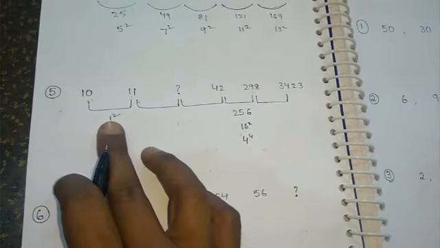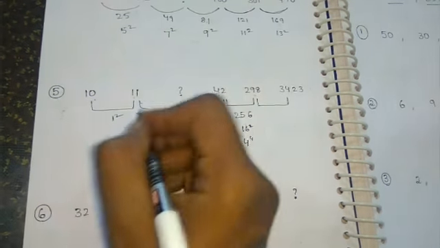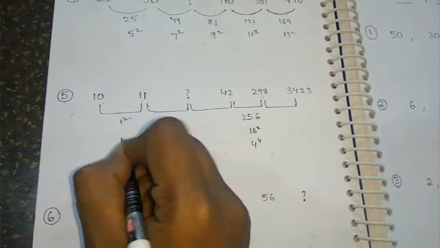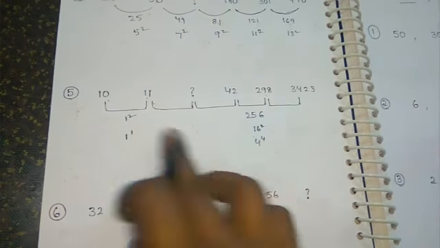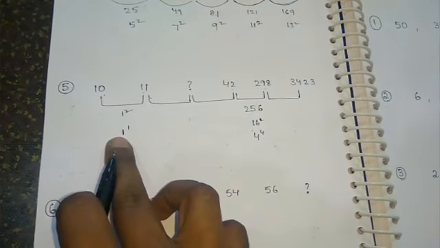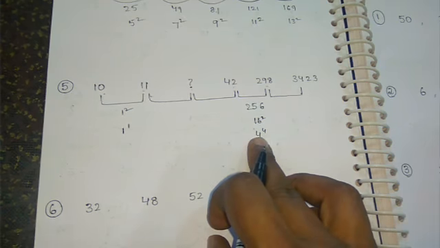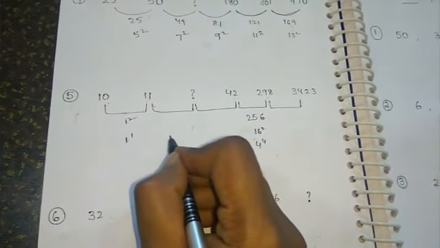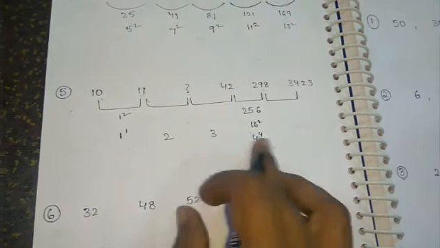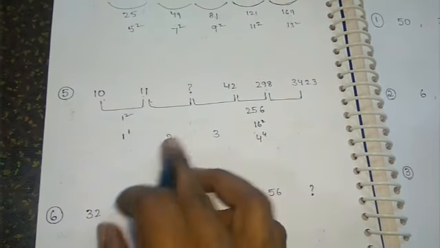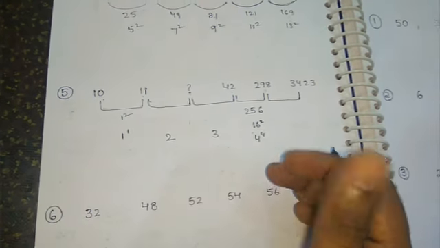Now see here, 1 square. We can treat this as 1 square or 1 power 1 also, right? Why? Because see, 1, 2, 3, 4. 4 terms are there, and here the starting is 1 and the ending is 4. Most likely 2 will come here and 3 will come here. Why? Because 1 and 4 are the first and fourth terms, so the second and third terms will be 2 and 3.